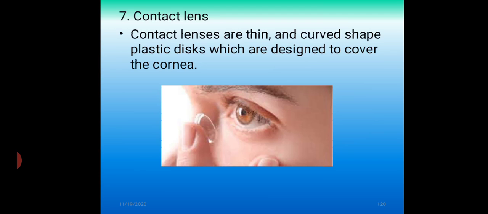Contact lenses, as you know, are an alternative to spectacles. But this type of contact lens can also be utilized as a drug delivery system. So how do these contact lenses work? These contact lenses are thin, curve-shaped plastic discs which are designed to cover the cornea.